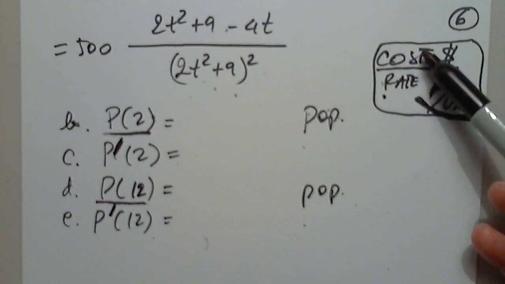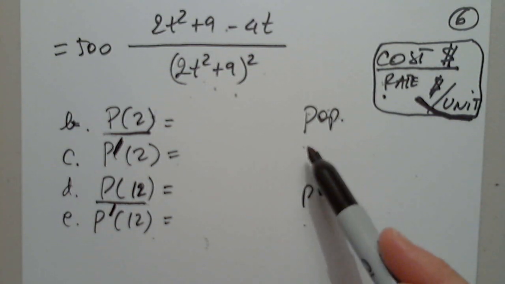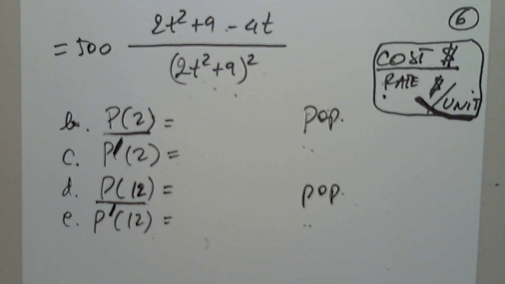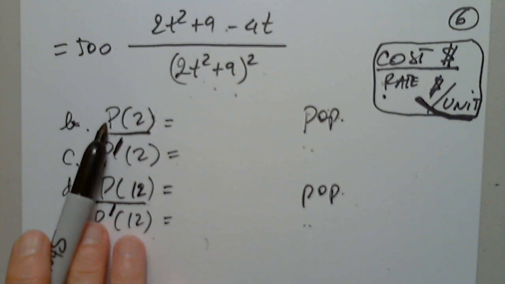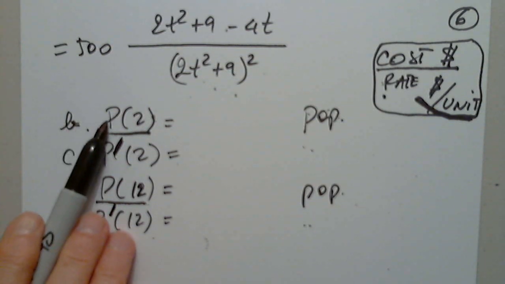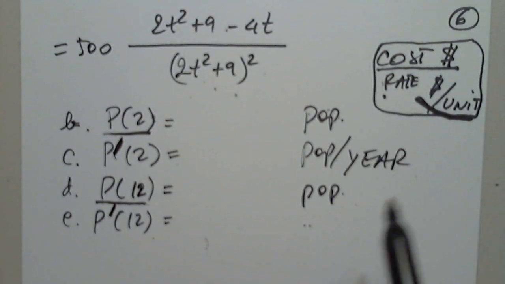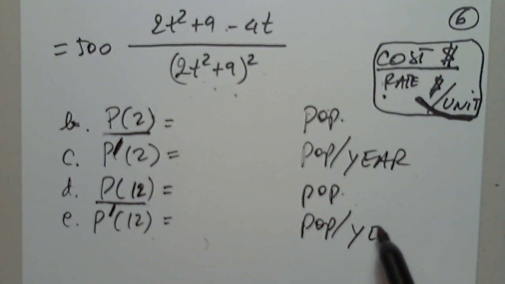They cannot have the same measurement unit. So then P prime of 2 and P prime of 12 will have what measurement unit, please? One coming from this and one coming from this. What is the measurement unit? Year. Yes. So here's what I'm going to do next.